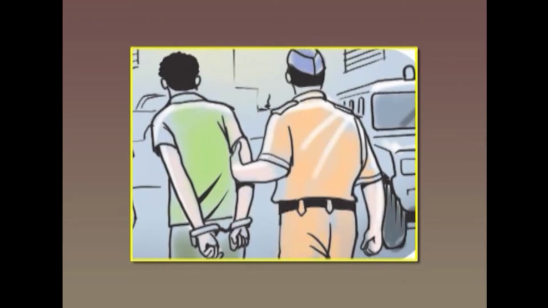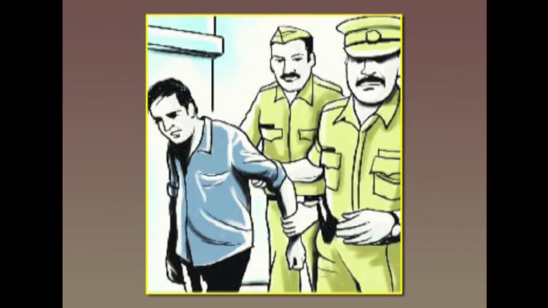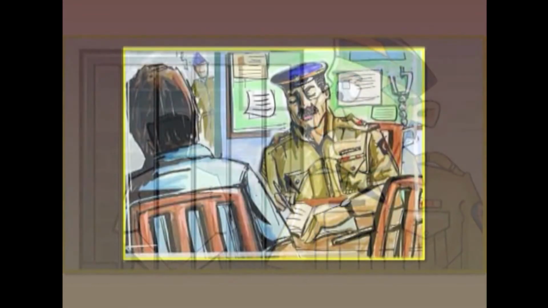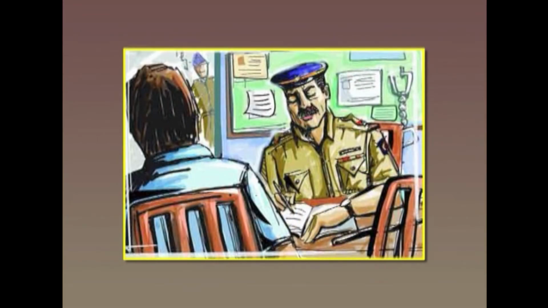It provides that every police officer or other person making any arrest under this code shall forthwith give the information regarding such arrest and place where the arrested person is being held to any of his friends, relatives, or such other persons as may be disclosed or nominated by the arrested person for the purpose of giving such information. The police officer shall inform the arrested person of his rights under subsection 1 as soon as he is brought to the police station.